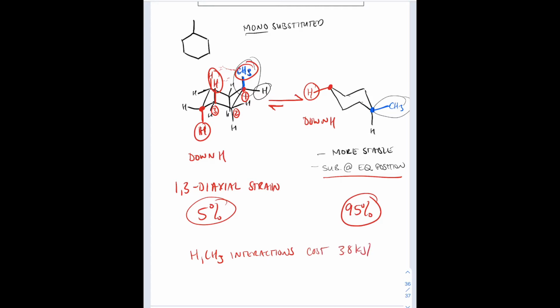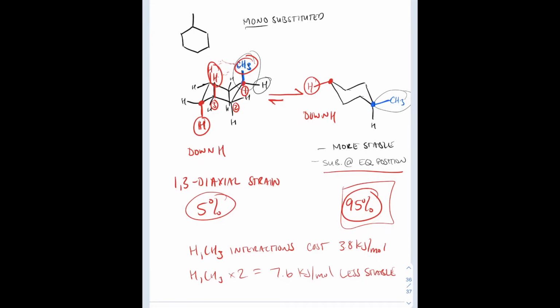They cost 3.8 kilojoules per mole, and since we have 2 of them, that means we have a structure that's 7.6 kilojoules per mole less stable. And that's interesting, right? Because 7.6 kilojoules per mole doesn't seem like that much, but apparently it is, because we have a 95 to 5 ratio for the presence of each of those conformations.